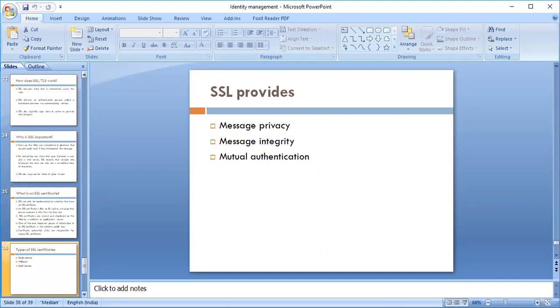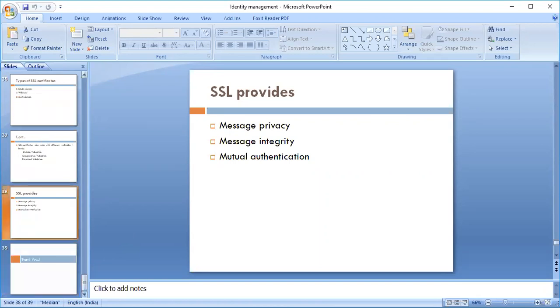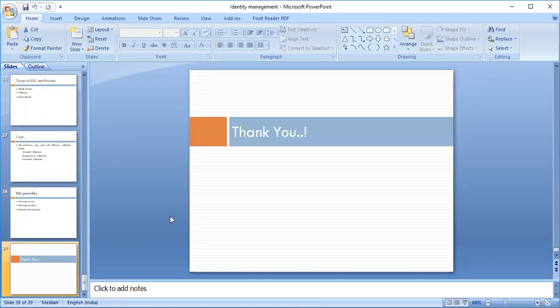Then we discussed SSL certificates, the types of SSL certificates, and the basic benefits and provisions of SSL. So this is all about SSL. We have covered almost everything related to this topic. And if anyone has any kind of doubt, they may ask questions.